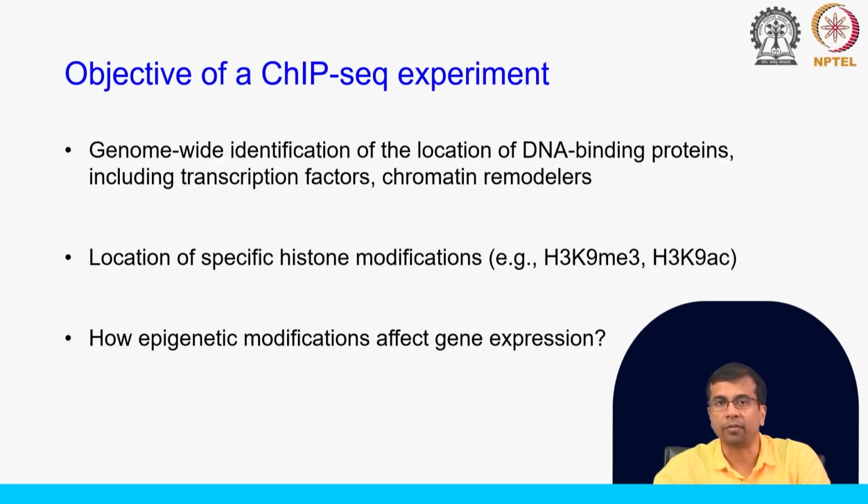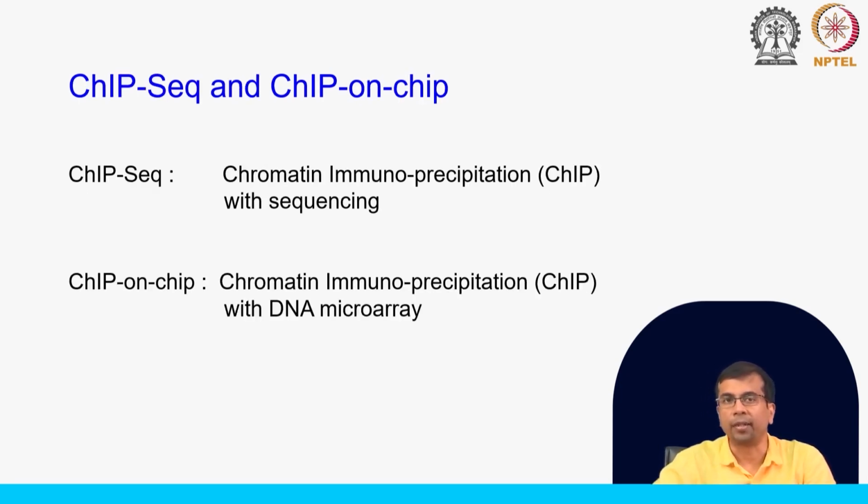This is very important for epigenetic studies, and we can then use this information to connect the location of these modifications with gene expression patterns, which is of interest to many scientists.